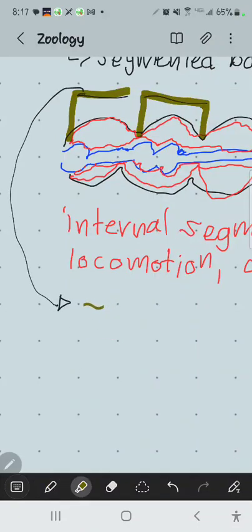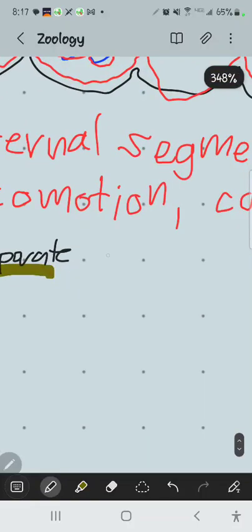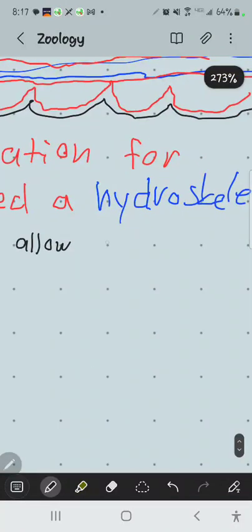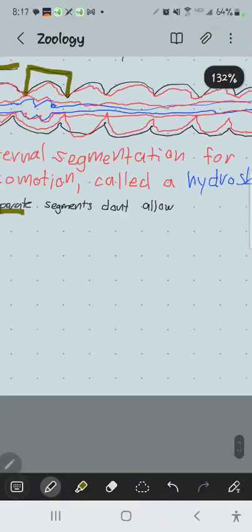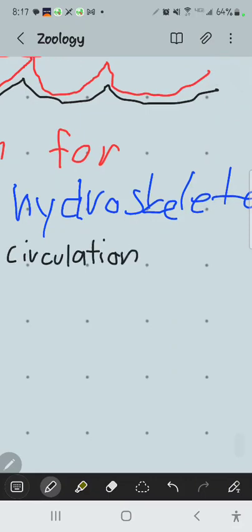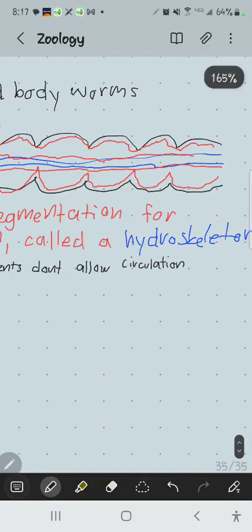So here is where we have an adaptation of a circulatory system. These organisms have evolved a type of circulation that enables them to move material around. So let's go ahead and label this. This coelom, with its compartments, is used for a water skeleton, so it can no longer really be functional as a circulatory system.